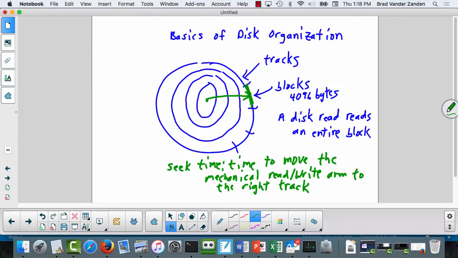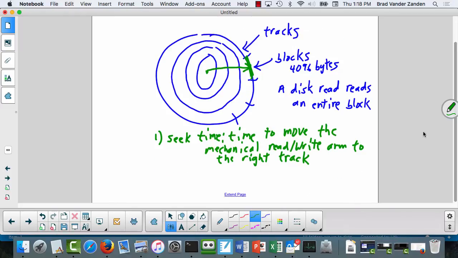Can someone tell me, once it's there, can we start reading immediately? No, why not? There's spin time, which is called the rotational latency. So it has to spin under the read-write arm. It might be that the read-write arm actually is right there, so this track has to spin over to there before it can be read. That's called rotational latency.